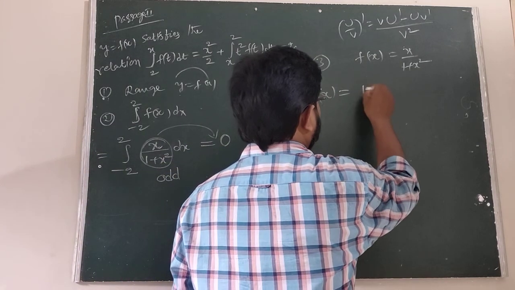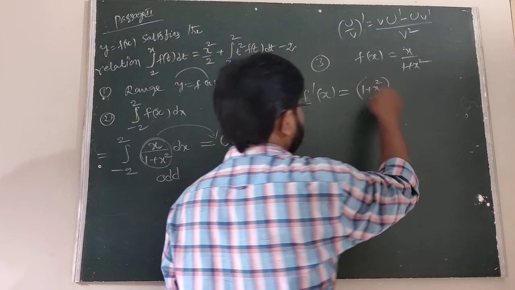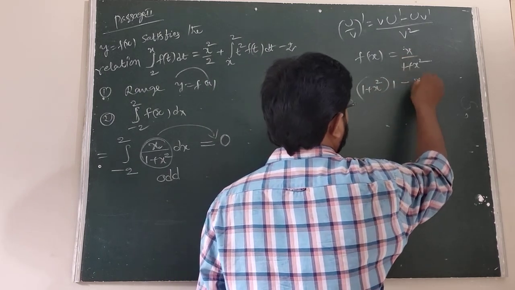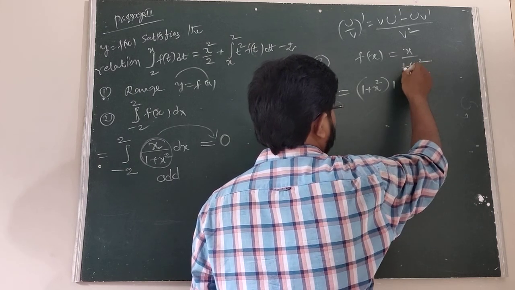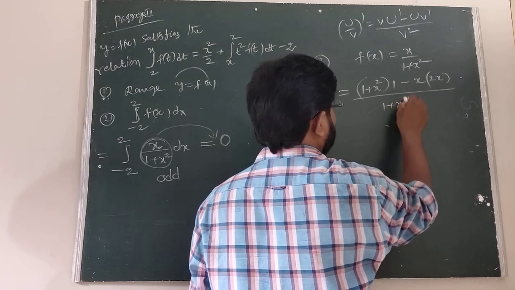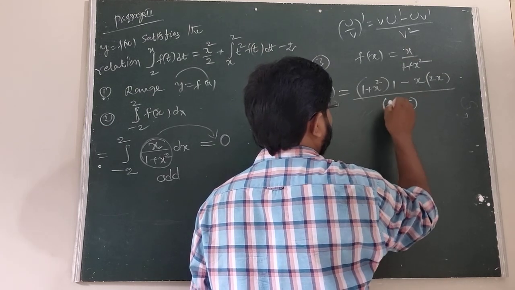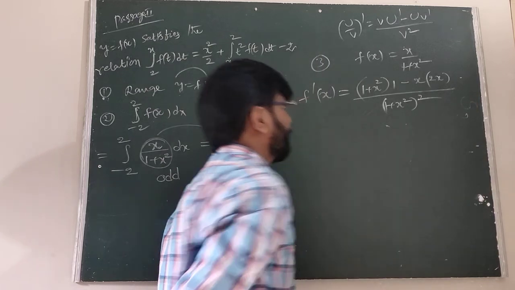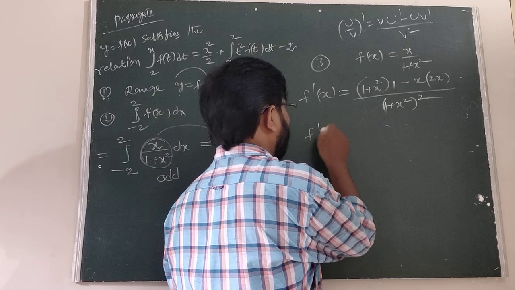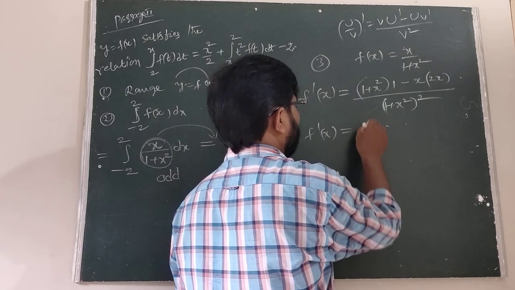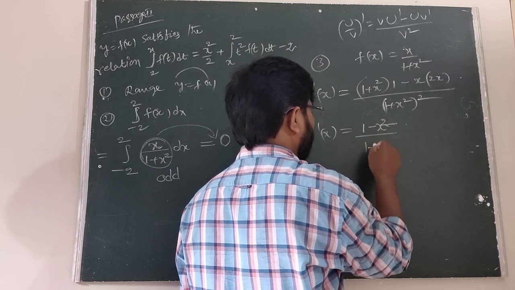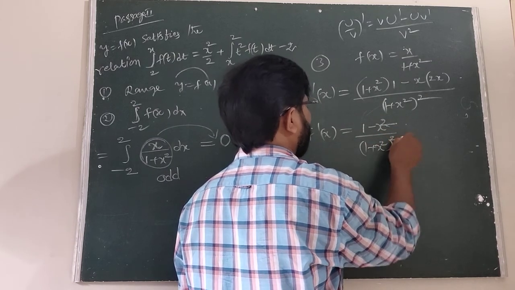We write 1 plus x square, the derivative of x is 1, x into the derivative of 1 is 0, the derivative of x square is 2x, upon 1 plus x square whole square, v square is. Okay, how to write this one? Here f dash of x is 1, x square minus 2x square is minus x square upon 1 plus x square whole square.